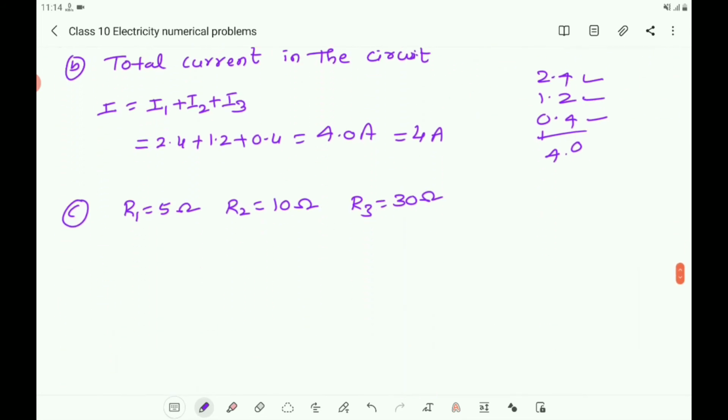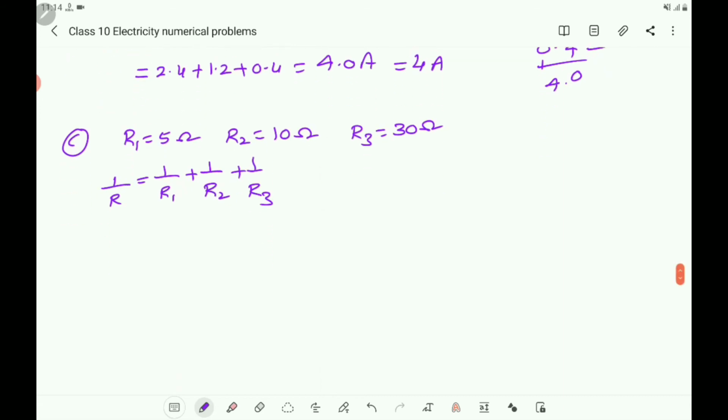So here 1 by R equals 1 by R1 plus 1 by R2 plus 1 by R3. That equals 1 by R1 is 1 by 5, 1 by R2 is 1 by 10 and 1 by R3 is 1 by 30.